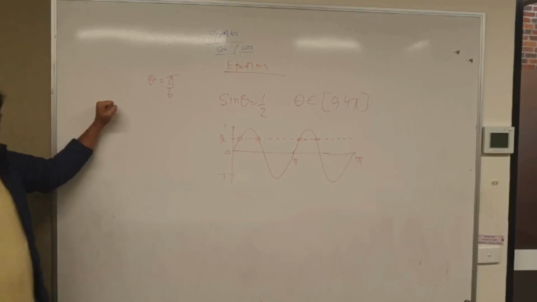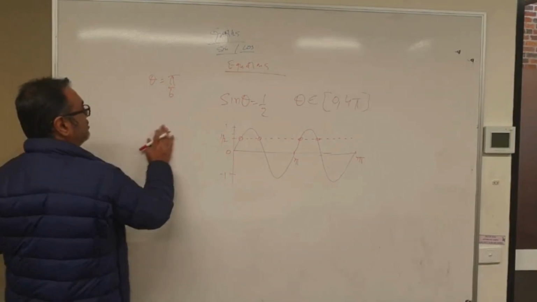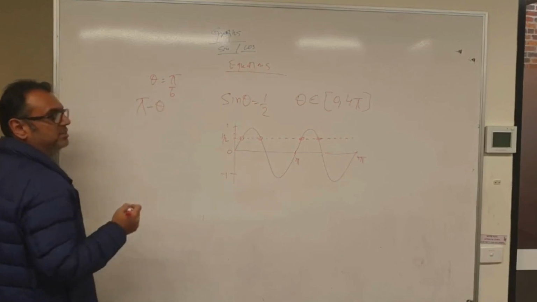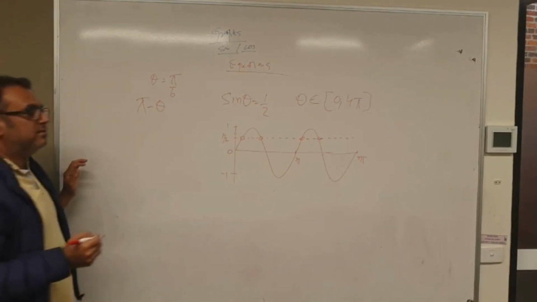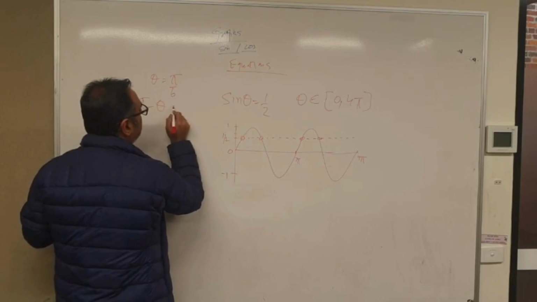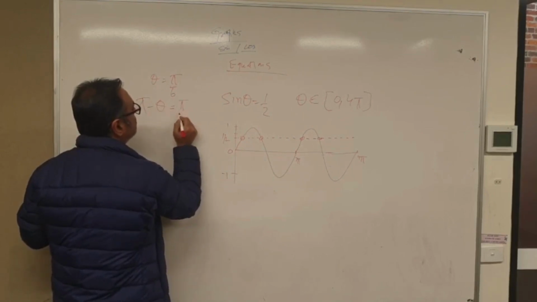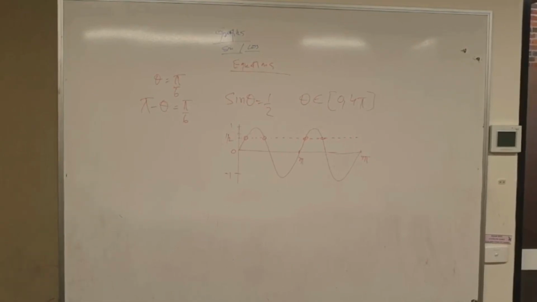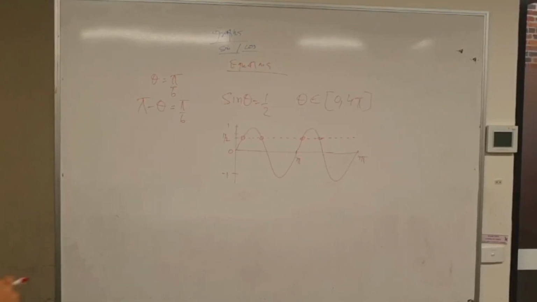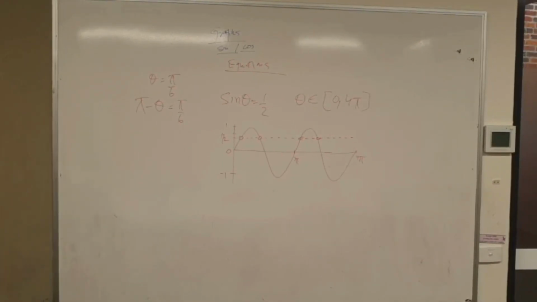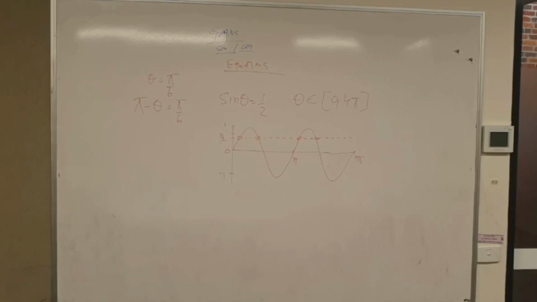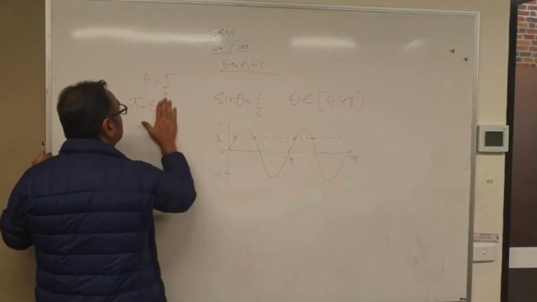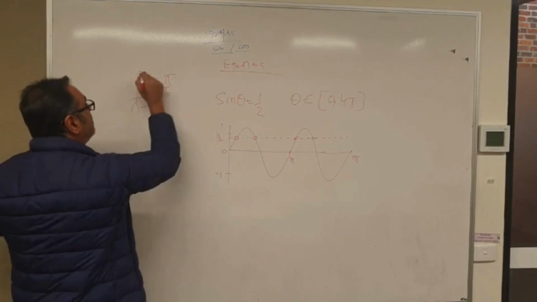What is the reference angle to the second quadrant? Pi minus theta. Right? So what would that be? Pi minus theta equals to what? Pi by 6 is what I'm saying here. What will be the second quadrant value? 5 pi over 6. I have worked out the theta already.